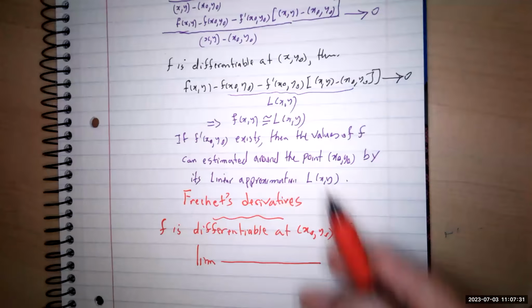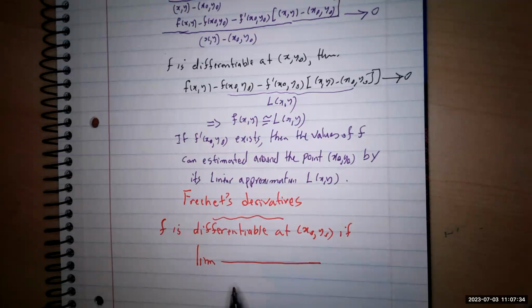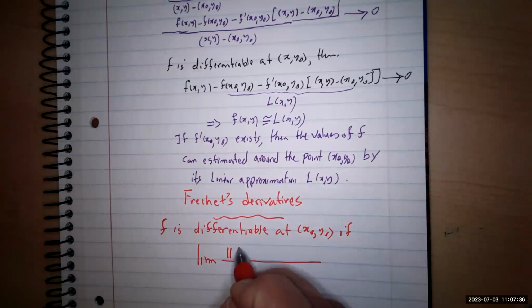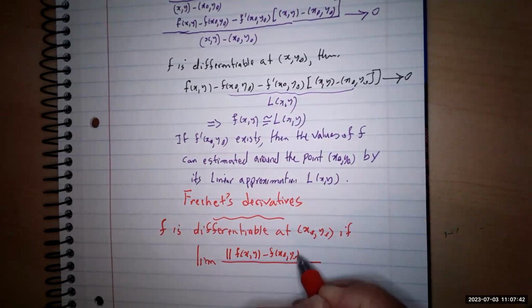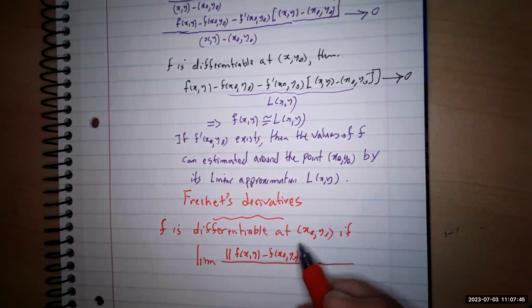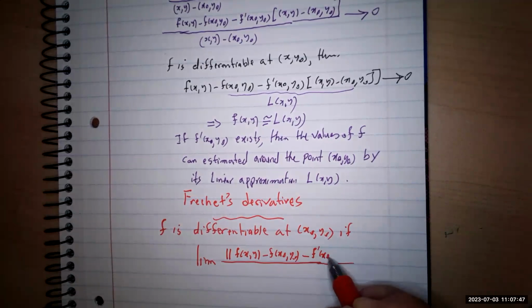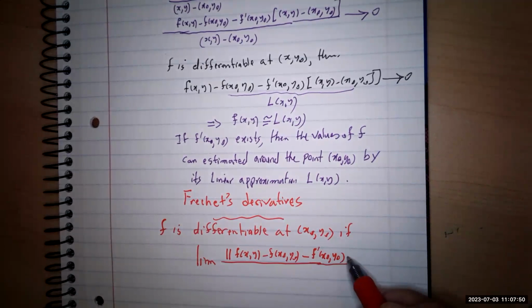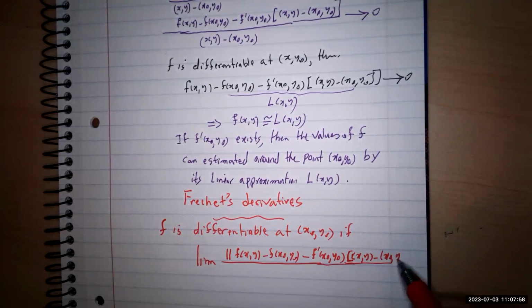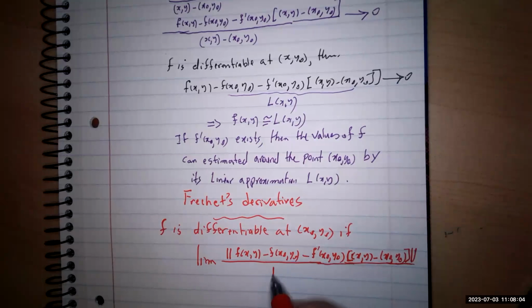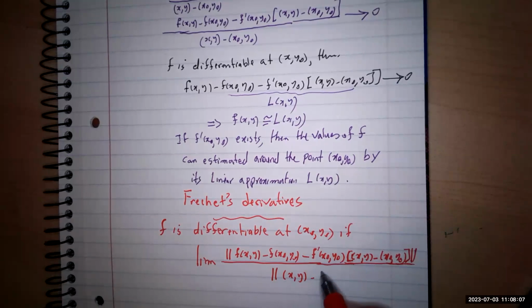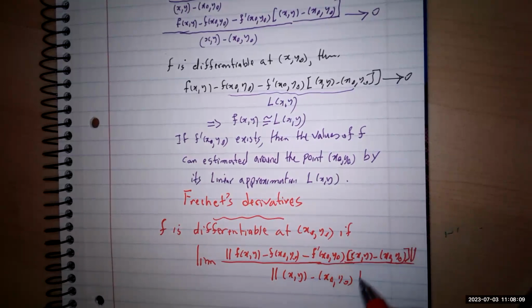Because of the difficulty of dividing by vectors, we divide by the norm. You see the norm of f of x comma y minus f of x0, y0 minus just the derivative that we have, f prime of x0, y0 times xy minus x0, y0, the norm of the top divided by the norm of xy minus x0, y0.